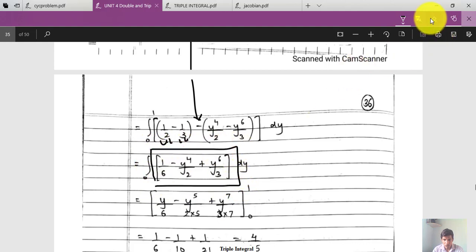Then there is still one more limit value, so I will evaluate this given function over 0 to 1.